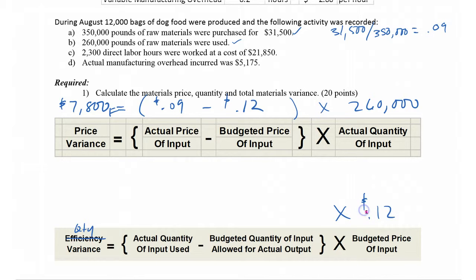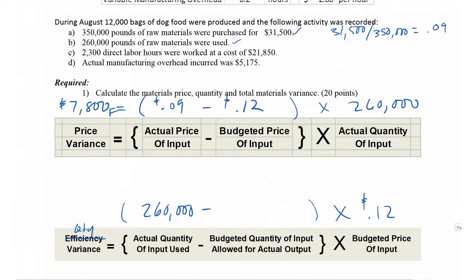And the price is 12 cents per pound. That's the standard cost. We know the actual was 260,000 pounds. So the question we need to figure out is how many pounds should we have used based on our standards.